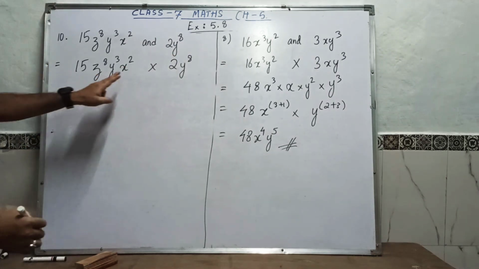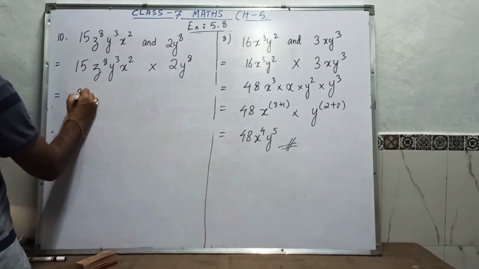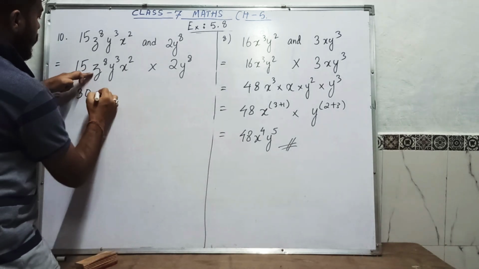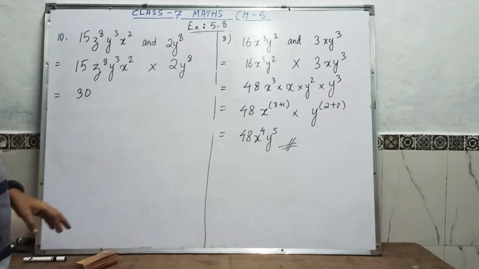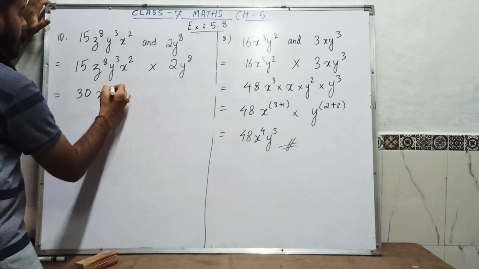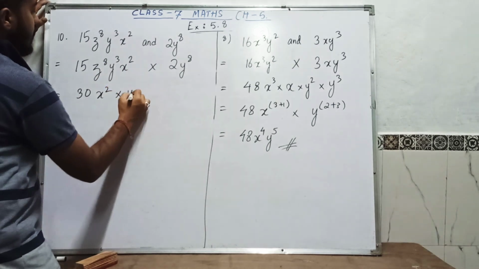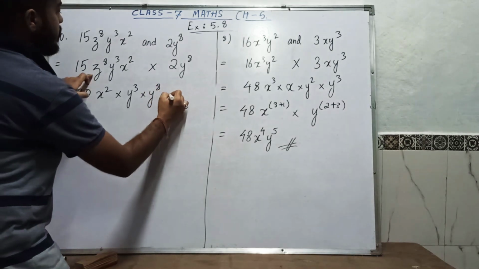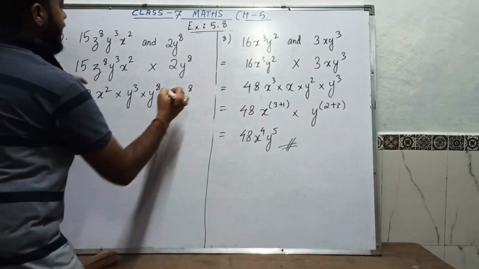Okay, so 15 into 2, 15 2s are 30. Now z, is there any z here? No. So you come according to the variable x, y, z, like that. First you write x square. Now you have y into y cube, as well as you have here another y, so y to the power 8. Now you come to the last one, z to the power 8.